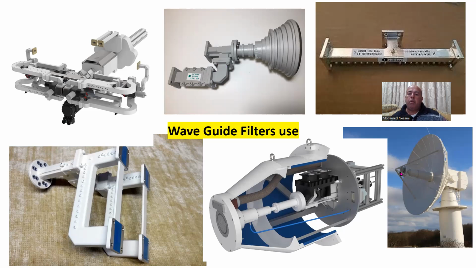Or we could see them on large aperture feeds, like in this case, and you can spot filters in a lot of areas between the feed horn and the BUC and the LNB. Like in this feed system, you could see the waveguide filters.